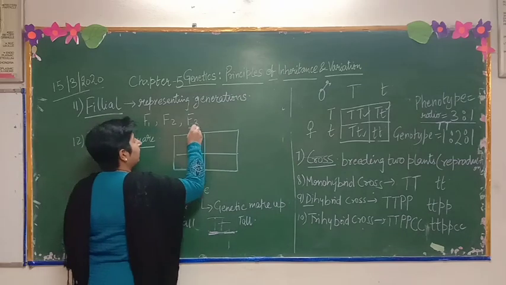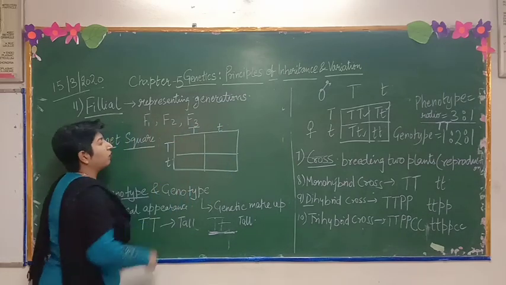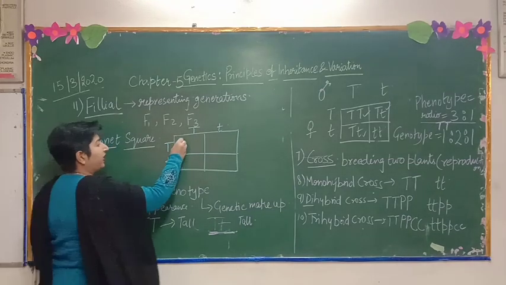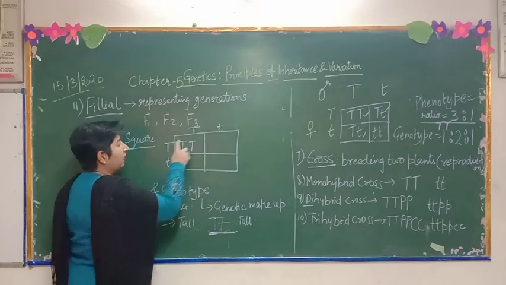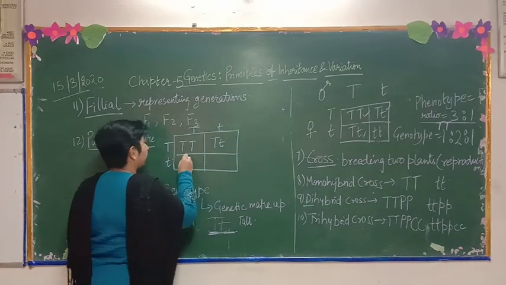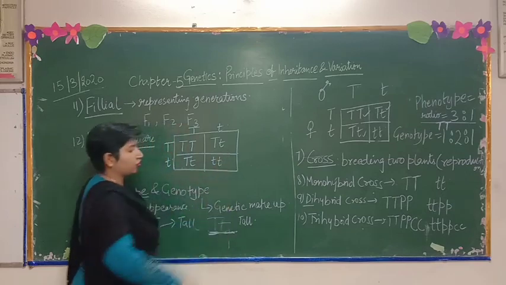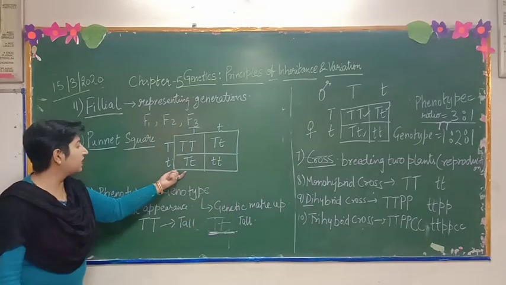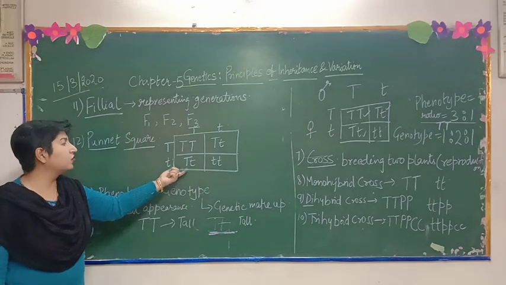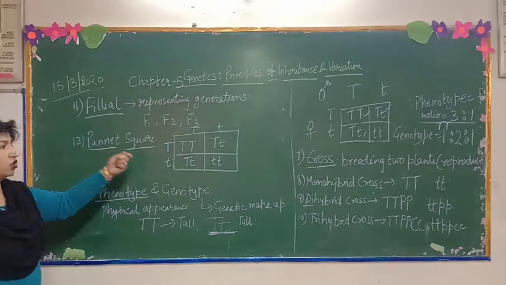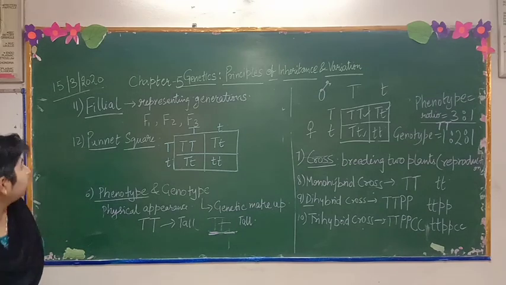Say for example, if I write this and explain it, this results in homozygous tall, this results in heterozygous tall, again heterozygous tall, and this is short. This type of representation of the various genes in a table is called a Punnett square.